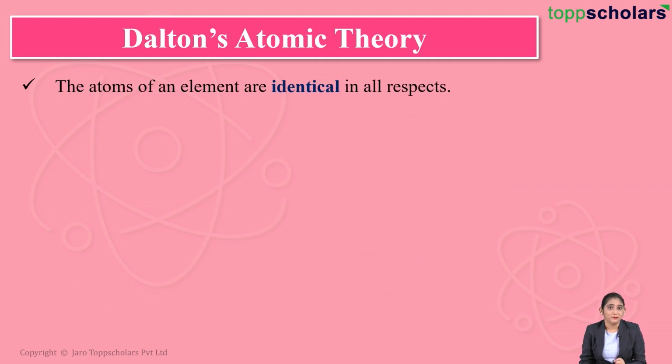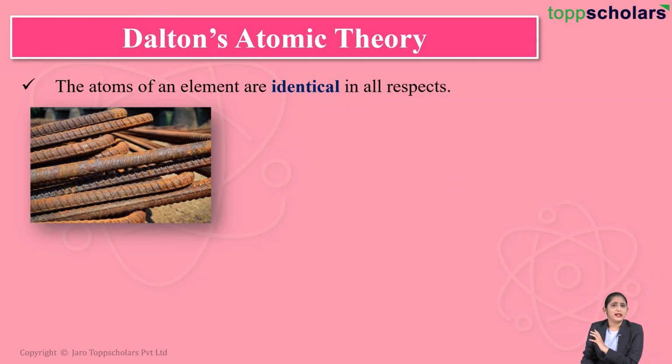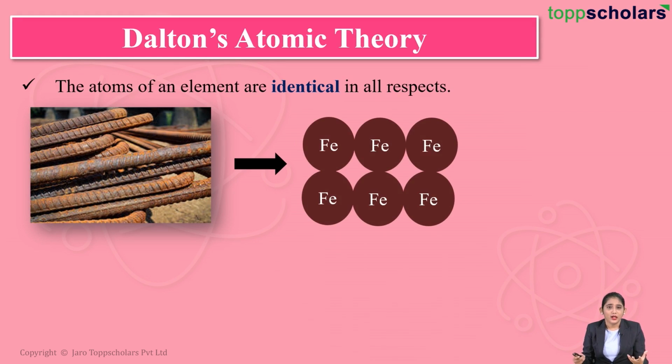According to Dalton, atoms of an element are identical in all respects. Let's take an example to understand this, right? So here you can see I have an iron rod, or I can say iron bars, right? Now these iron bars are made up of a single element, and that is nothing but iron, which means that it is made up of many atoms of iron, right? According to Dalton, all the atoms of an element are identical.